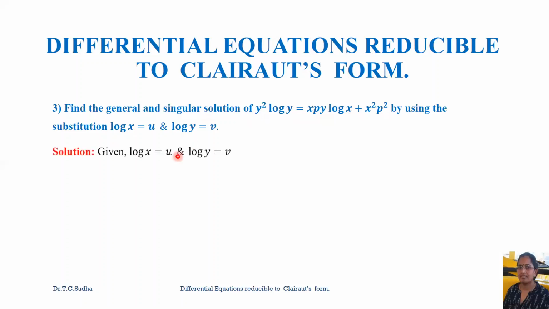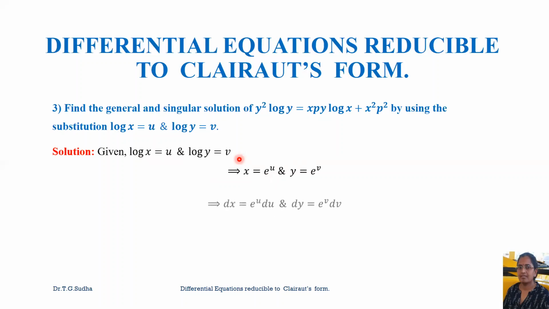So given log x is equal to u and log y is equal to v, let us calculate what is dy by dx. For that we need the derivative. So before differentiating, let us convert this into the exponential equations. Log x equal to u can be written as x is equal to e power u, and log y is equal to v can be written as y is equal to e to the power of v.